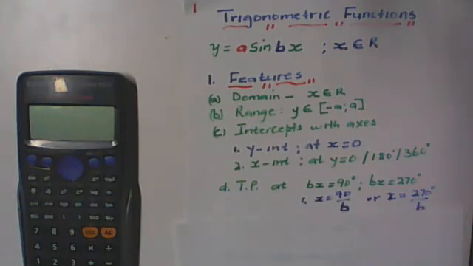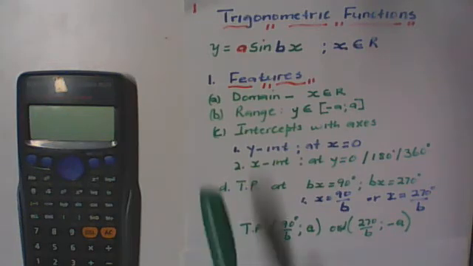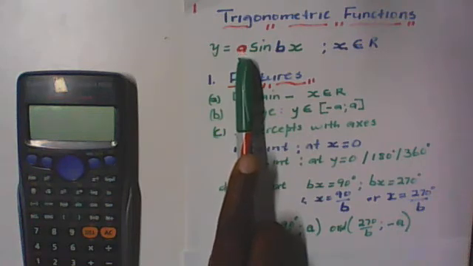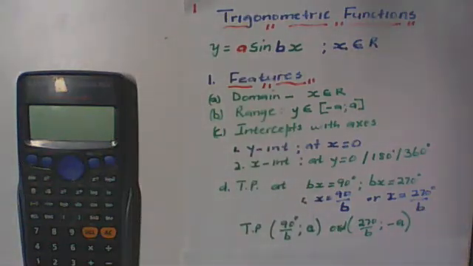Now, x will be equal to 90 divided by b, and it will also be equal to 270 divided by b. Therefore, the turning points will be, you still remember that I told you this will determine your maximum as well as your minimum. Your minimum is always less than the maximum. Therefore, we take a negative and a positive.